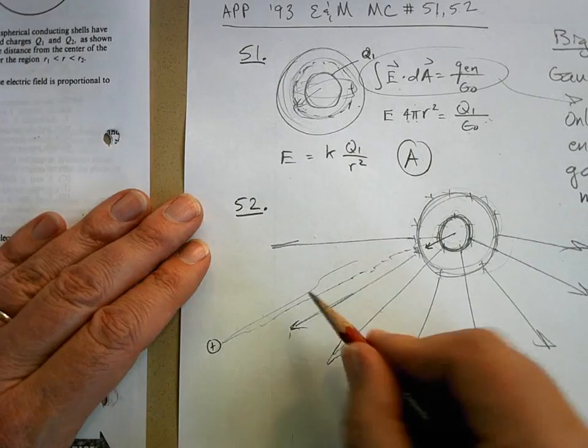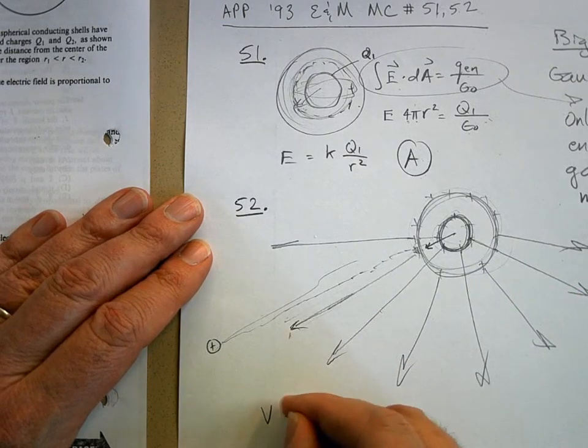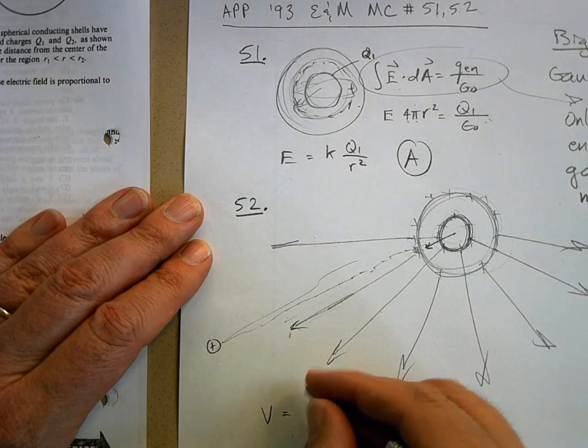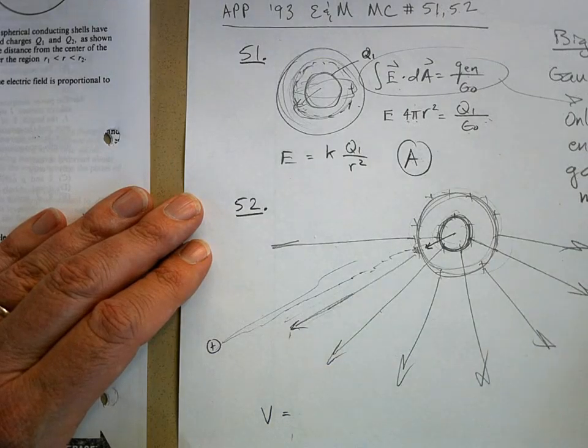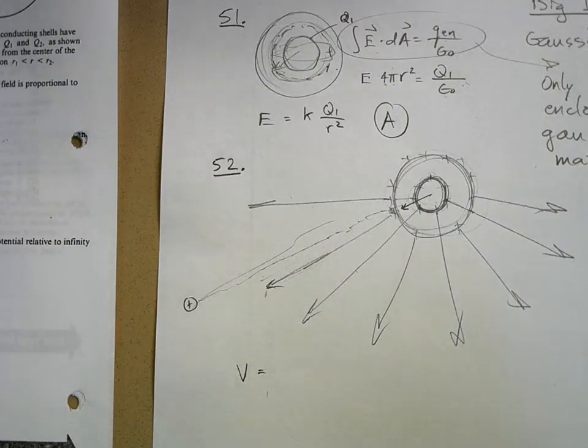So let's find the voltage at this surface. I had to do work against, and remember, it's KQ over R. You have to know what the voltage is of a spherical charge.